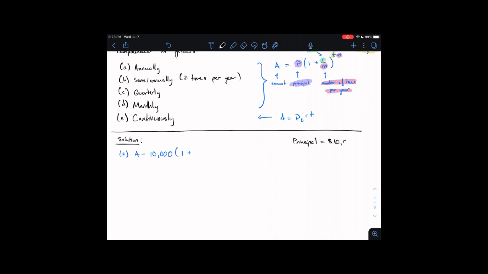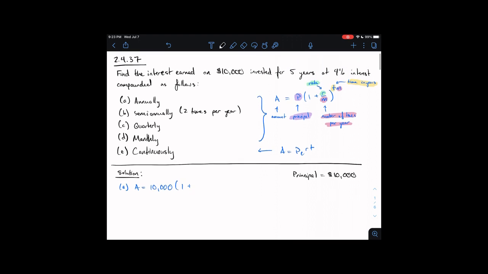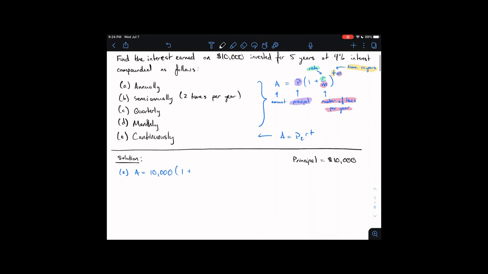This is a good thing to do whenever you have anything that involves a word problem or just any of these interest problems. Time in years, that's 5 right here. Rate is 0.04 because that's how we write 4%.